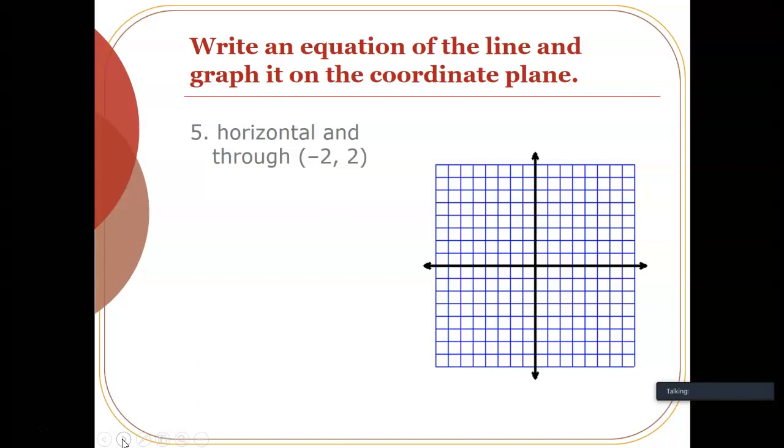Okay, and horizontal. Well, horizontal is the opposite kind of idea. A horizontal line has a slope of 0. It means the y is unchanging. So if the slope is 0, it goes through -2, 2.